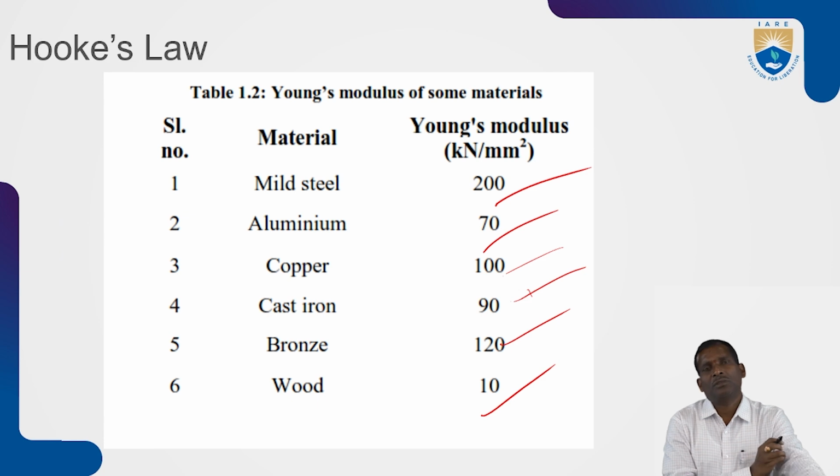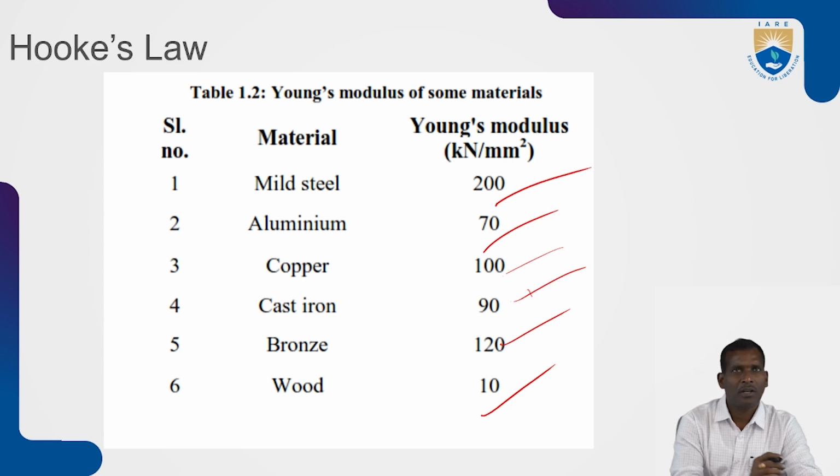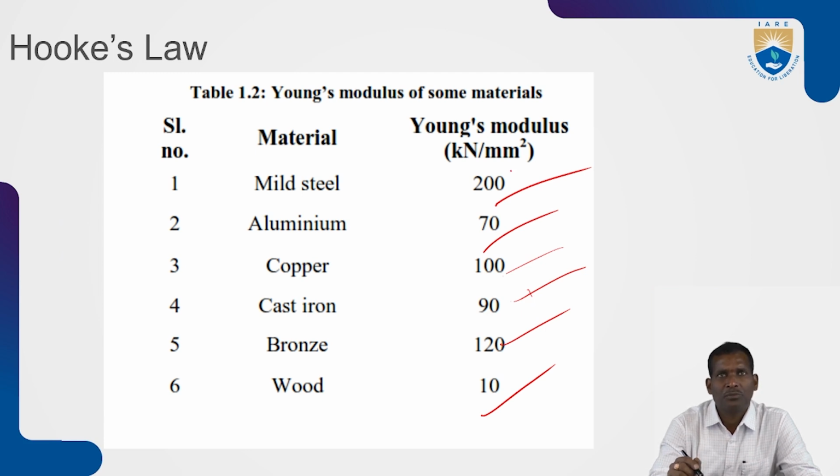How to assume these values while solving problems? Sometimes they will give the direct values for mild steel or aluminum for further calculations. If not given, you should remember and assume the mild steel value and then aluminum, copper, cast iron, bronze, or wood.